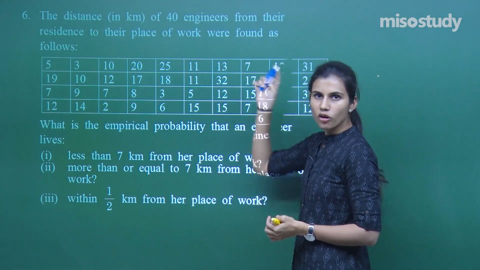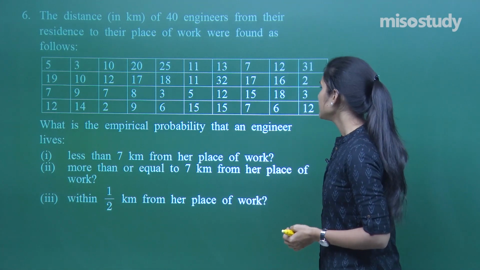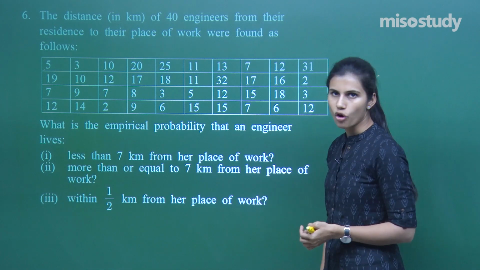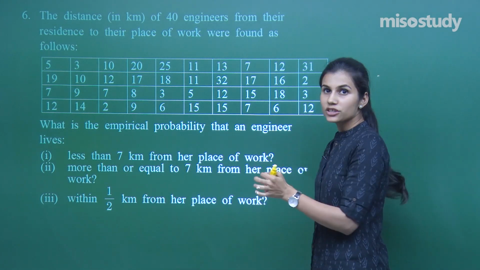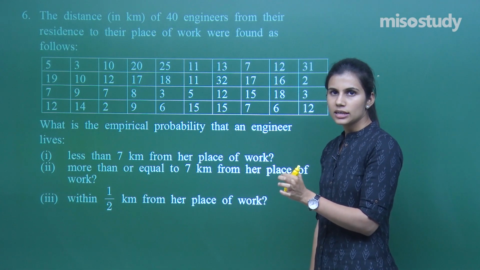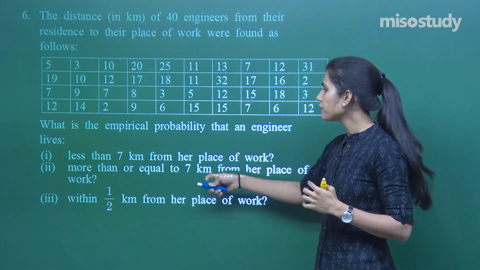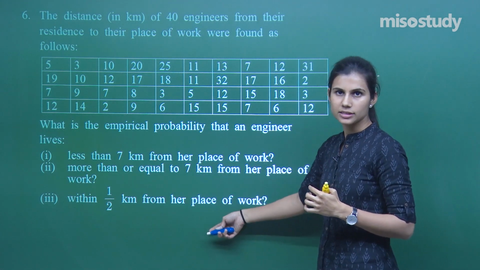So this is the data of 40 engineers. What is the empirical probability that an engineer lives less than 7 kilometers from her place of work? Here the data is collected from 40 engineers. How many values out of these 40 values are favoring this first event, this second event, this third event?